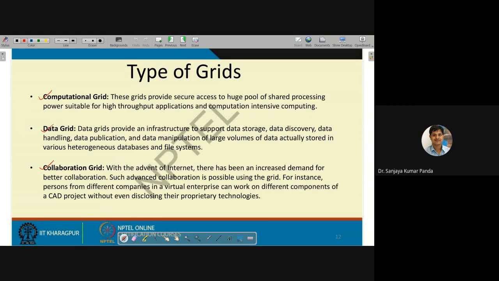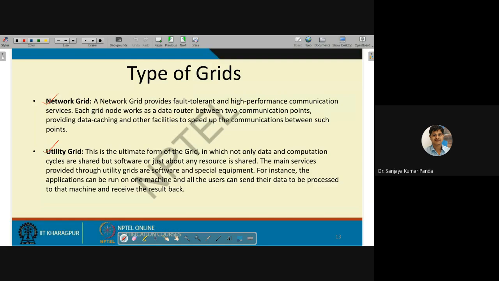Now coming to the next grid, called the network grid. It provides fault-tolerant and high-performance communication services. Fault tolerant means that even if there is a fault in your network, like if you have 5 nodes and one node collapses or fails, it does not impact your network performance.